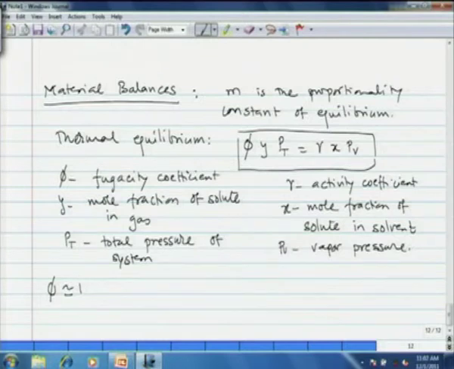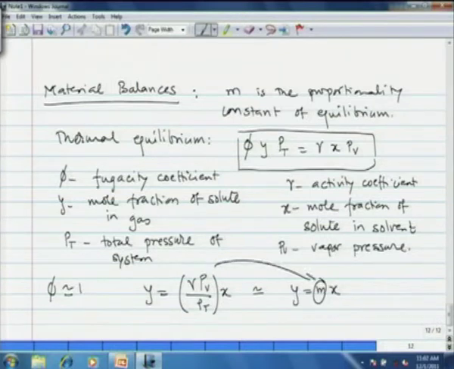Now, with this, the equilibrium relation becomes y is equal to gamma Pv by Pt into x, which is often given in the form y is equal to mx, and m is essentially this gamma Pv by Pt.